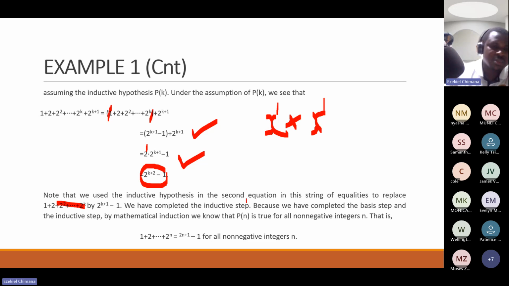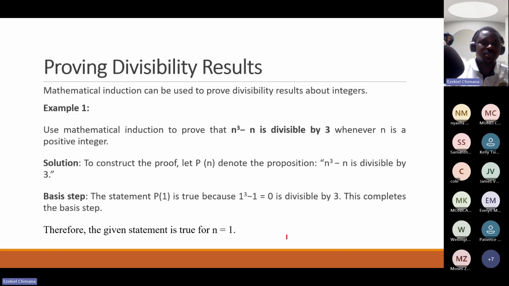So that is 1 plus 2 plus ... plus 2 to the power n is equal to 2 to the power n plus 1 minus 1 for all non-negative integers n. You have proved that. That's how you prove using the principle of mathematical induction.